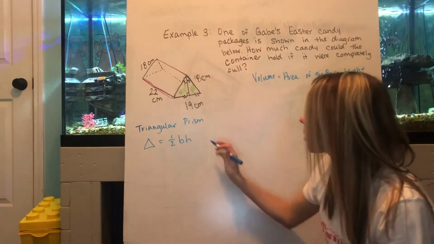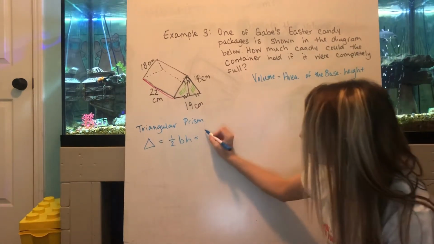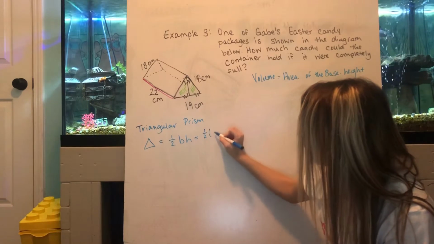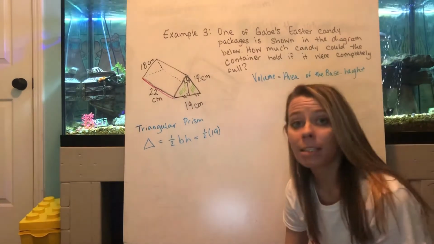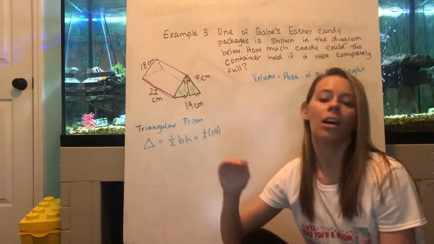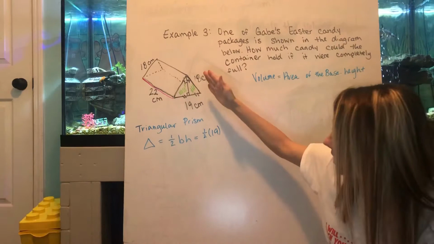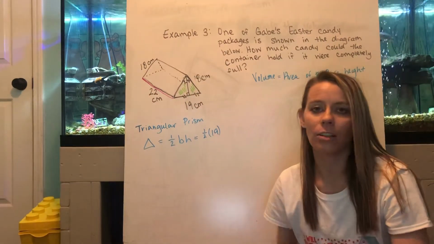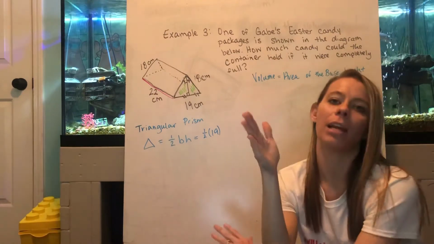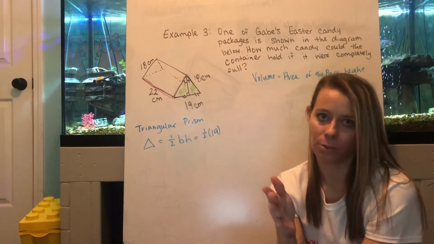So if I start down that route, my base is 19, so 1/2 of 19 times, the common mistake is to use 18. You cannot use 18 as the height because 18 is not perpendicular to 19. Remember, your base and your height have to form 90-degree angles with each other.